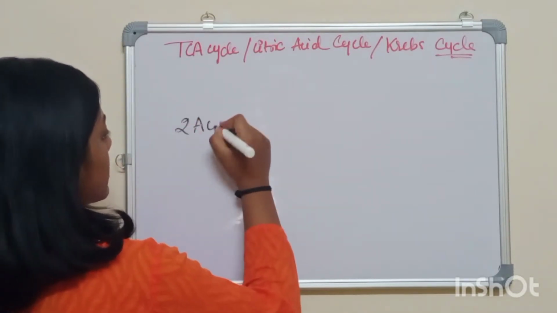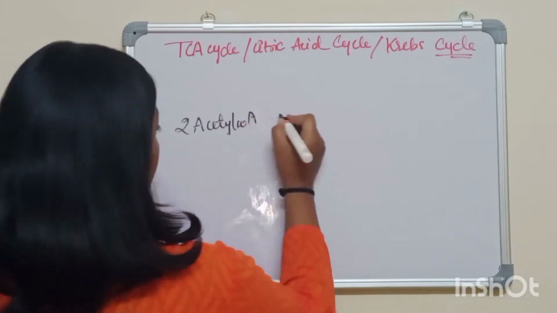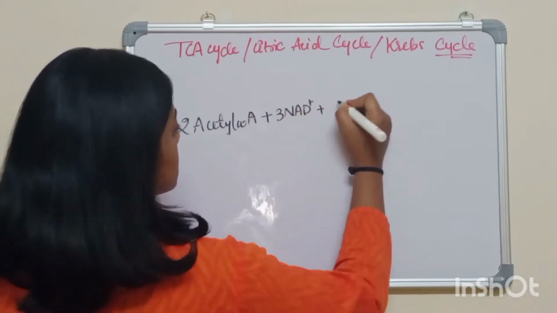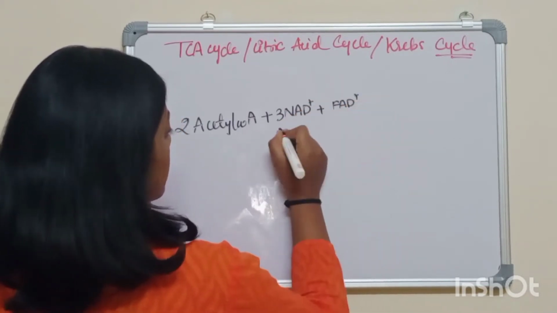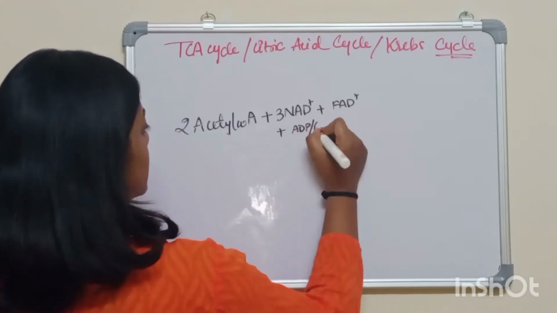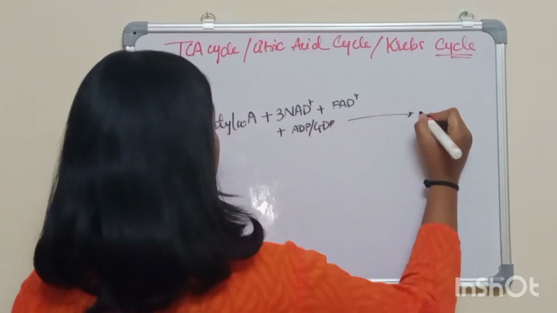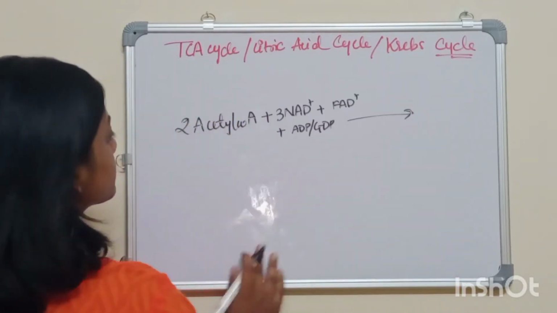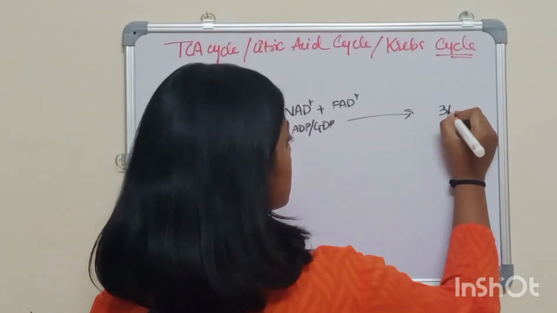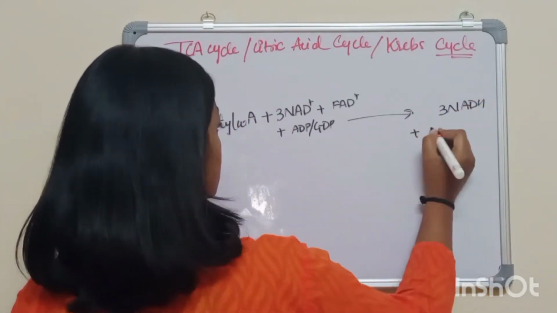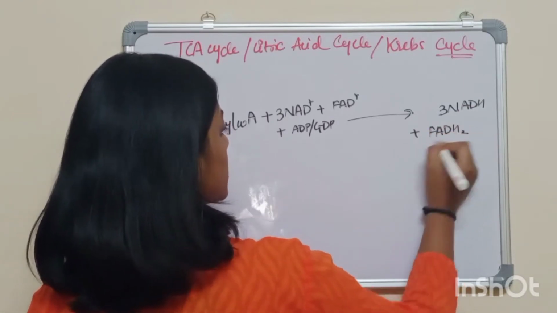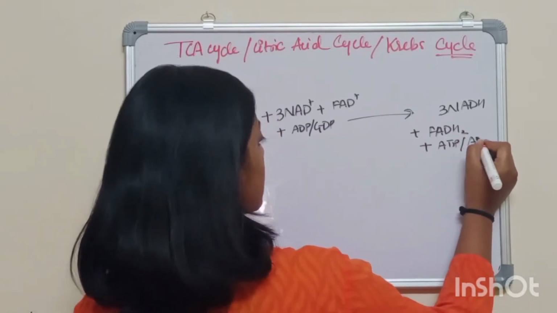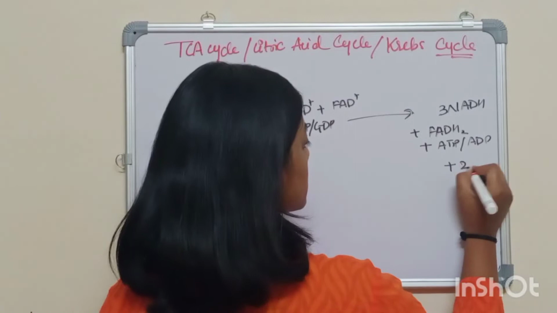Two acetyl CoA, NAD plus, FAD plus, ADP or GDP gets converted to 3 NADH plus 1 FADH2 plus 1 ATP or GTP plus 2 CO2.